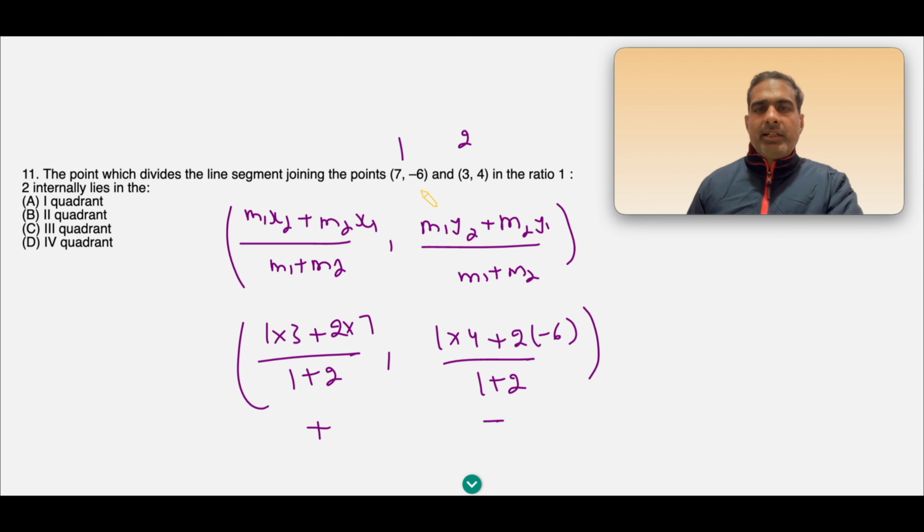So I know that the point which divides the join of (7, minus 6) and (3, 4) in the ratio 1:2 will have x positive and y negative, and that happens only in the fourth quadrant. In the fourth quadrant, x is positive and y is negative. So the point will lie in the fourth quadrant.